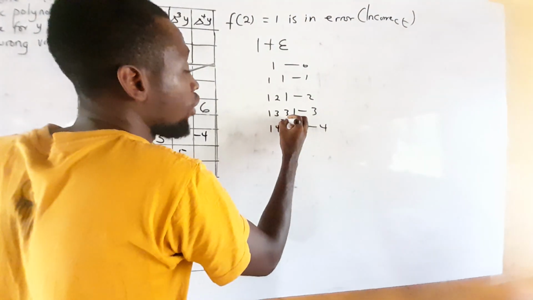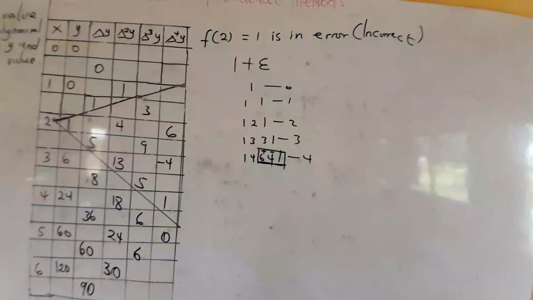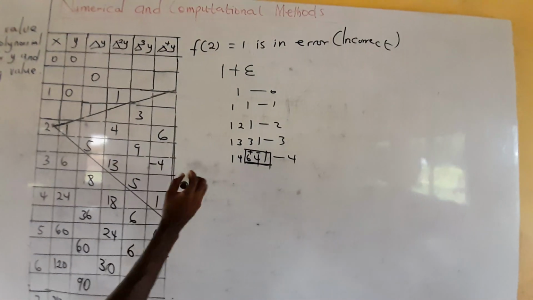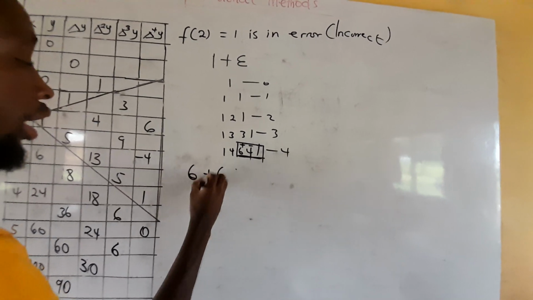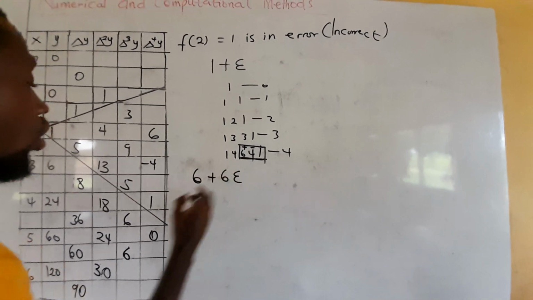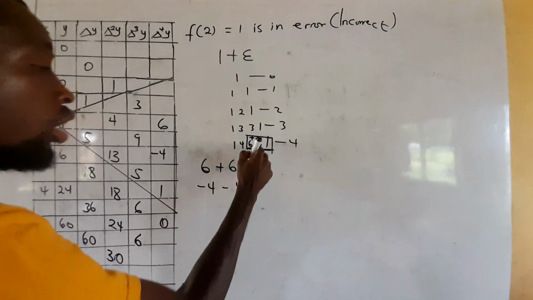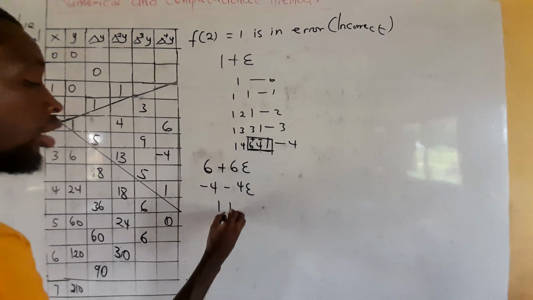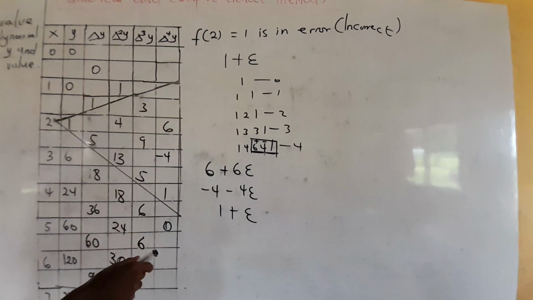So the last 3 we have plus, minus, plus. So we can say the value here will be 6 minus 6 error, 6 plus 6 error. Then here will be minus 4 error using this one. Then 1 plus error.